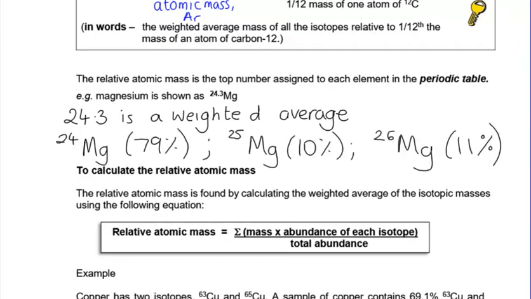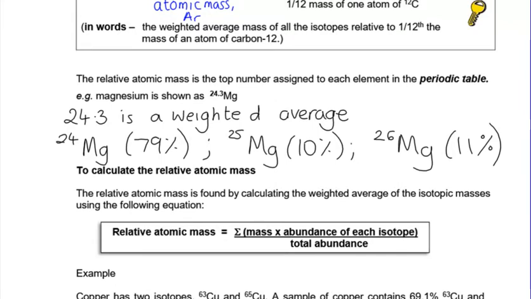So the 3 isotopes are magnesium-24, magnesium-25 and magnesium-26. Those 3 isotopes all have 12 protons but differing numbers of neutrons. If we then take into account that in a sample of 100 magnesiums, 79 of them will weigh 24, 10 of them will weigh 25 and 11 will weigh 26, we can get that weighted average as 24.3.